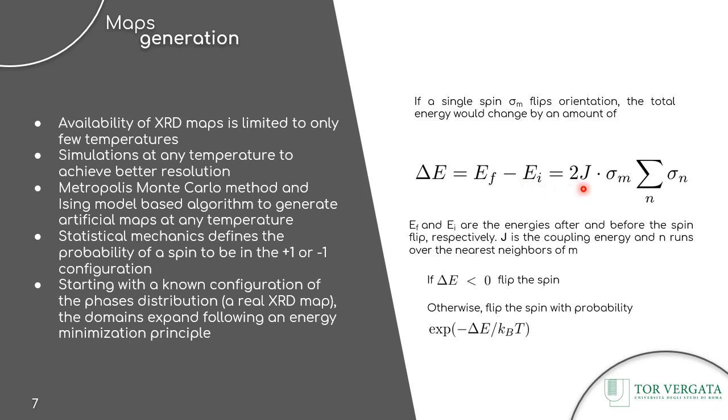J is the coupling energy and N runs over the nearest neighbors of M. If delta E is less than 0, the spin is flipped, otherwise the spin will be flipped with a probability proportional to the following exponential, where Kb is the Boltzmann constant and T is the temperature.